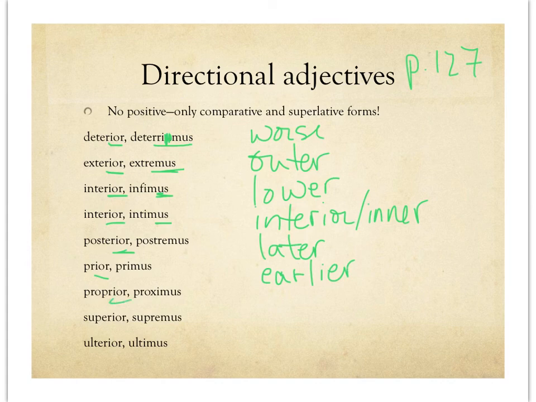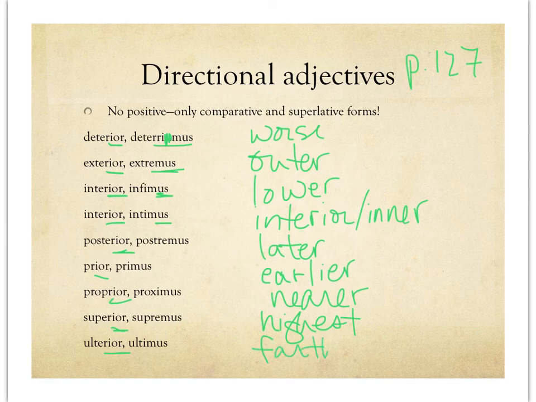Proprior is nearer, proximus is nearest, and superior is higher, supremus highest, and ulterior is farther, ultimus is farthest.